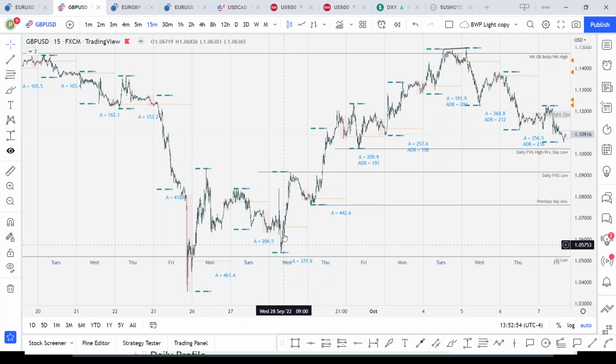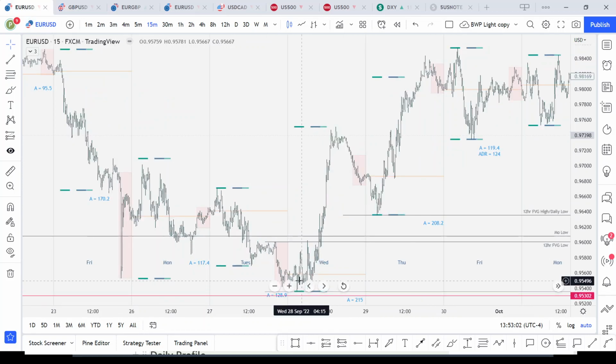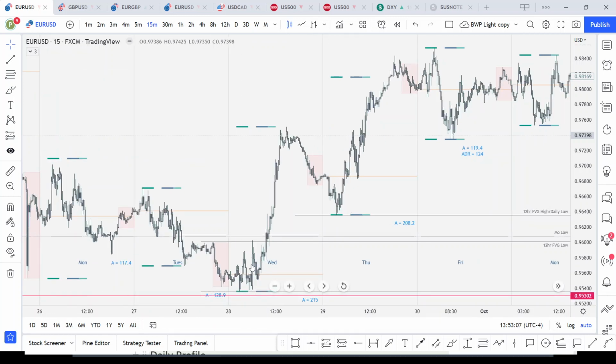So this is what confirms the one shot one key for that week. Once you see the SMT divergence, you want to go long right here and you want to use 30 pips below the low of the day. So 30 pips entry there.